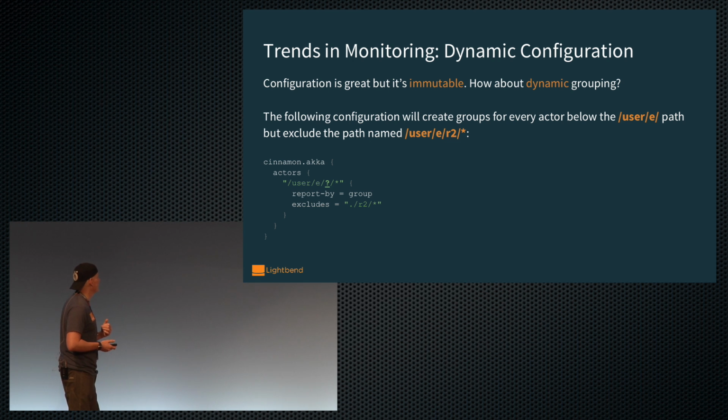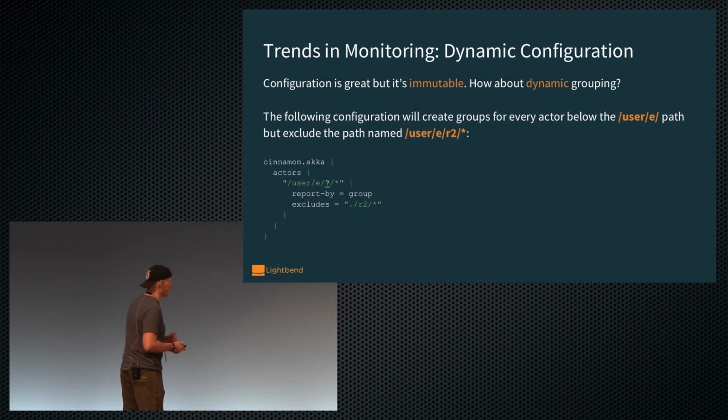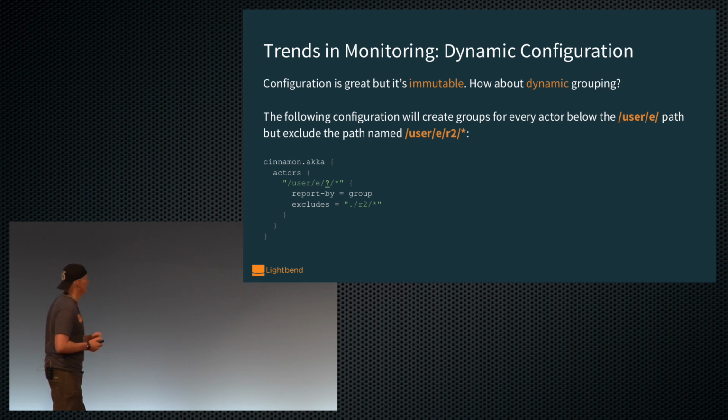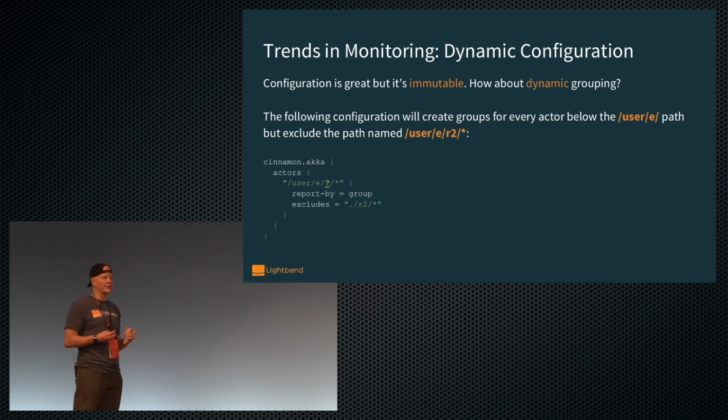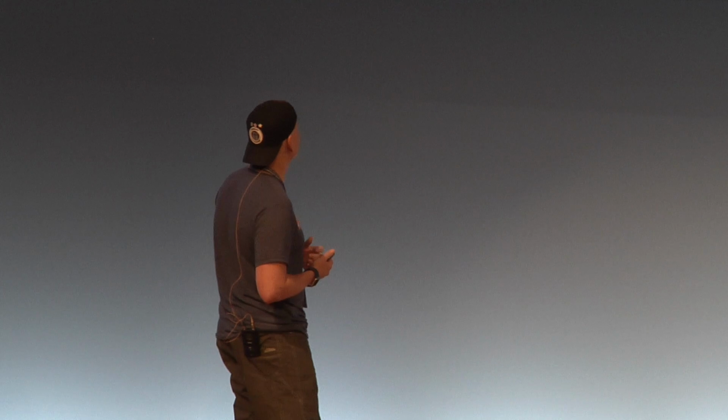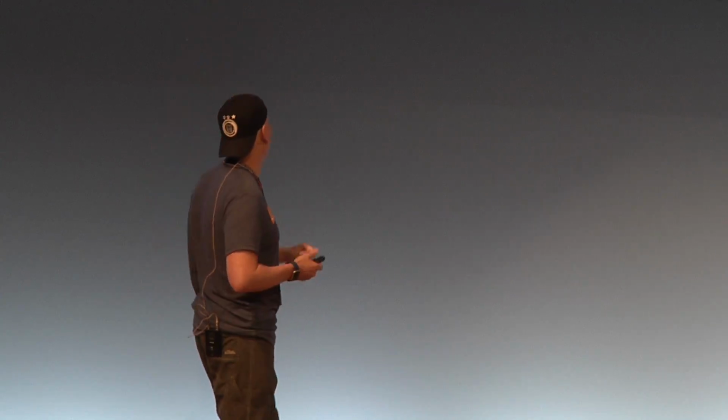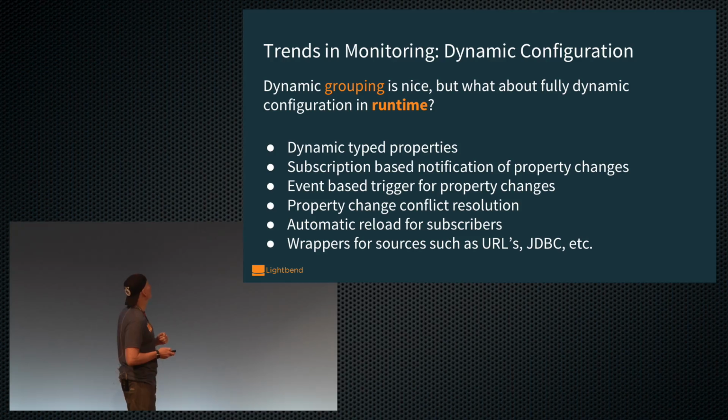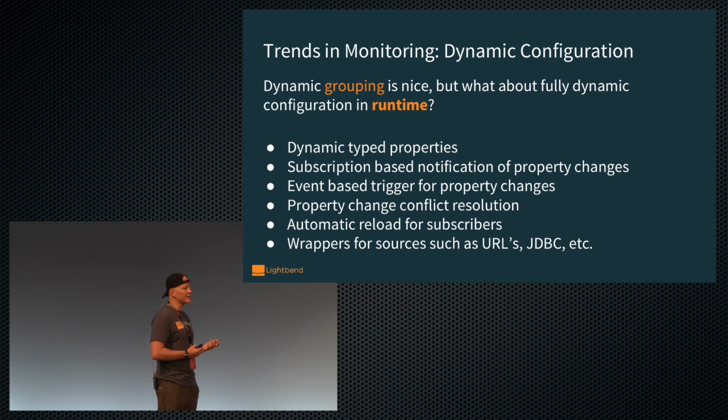We also have kind of like static dynamic configuration where based on a path, you can group actors together on the fly to get out an output. So for example, here we have question mark star, and you're going to get a group name back for that scenario. But one of the things that we're taking a look into is really runtime dynamic configuration, right?